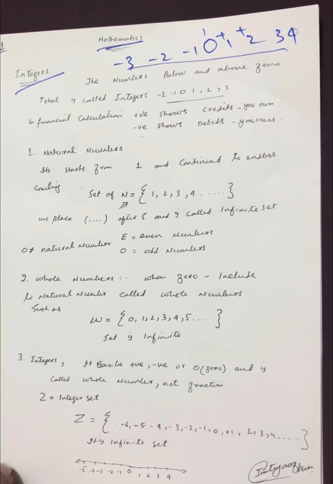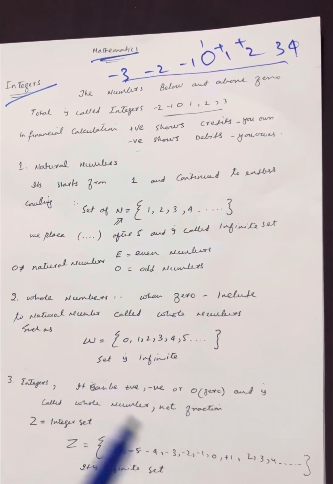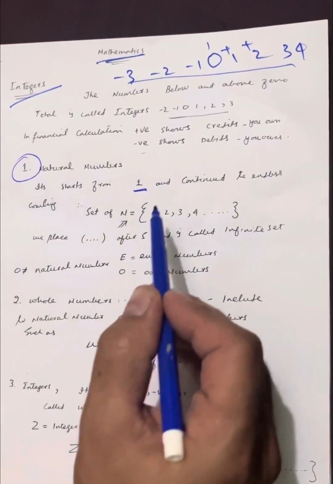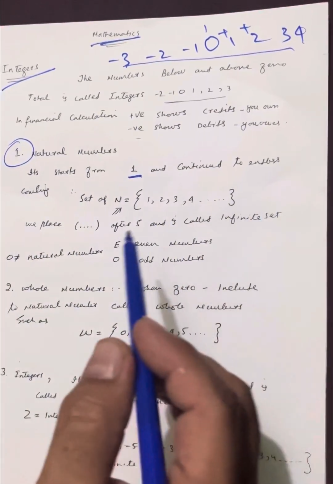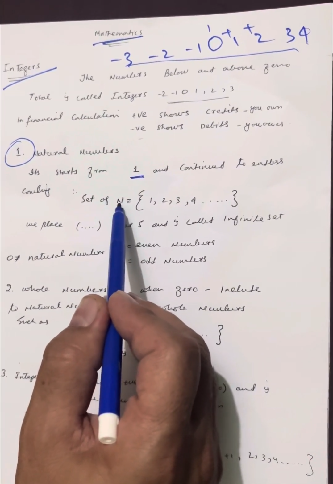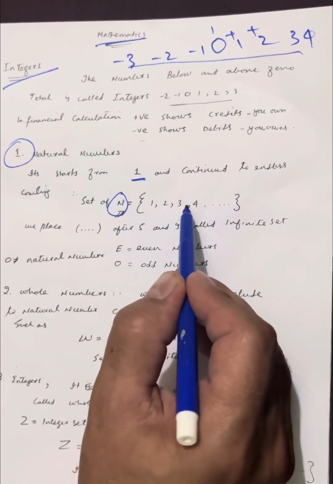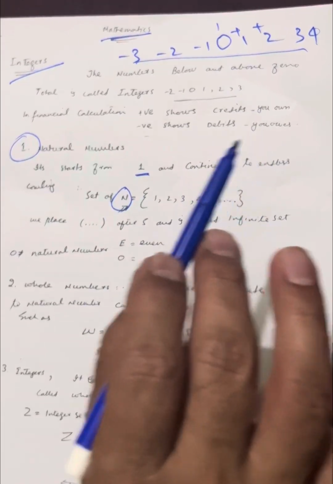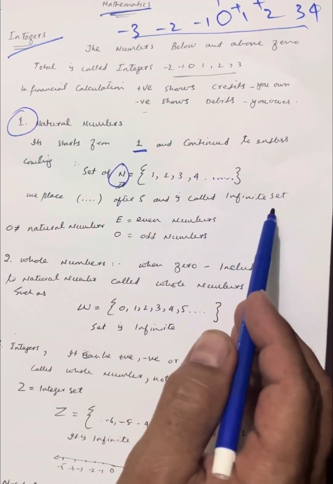So what is a natural number? In maths, people ask what a natural number is. A natural number always starts from 1 and continues endlessly. The set of natural numbers is represented by N, and N is equal to 1, 2, 3, 4, 5, 6, and it continues. This is called an infinite set.